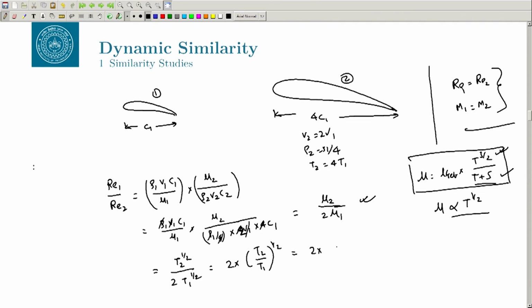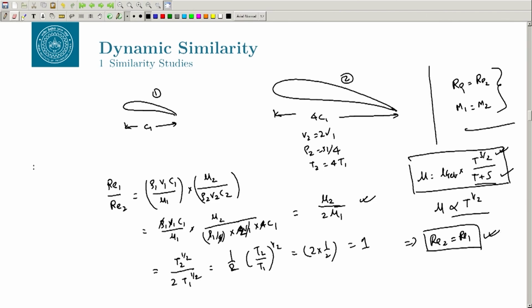So, 2 into 1 by 2, which is equal to 1, that means your RE2 equals RE1. So, in terms of the comparison of Reynolds numbers, both are similar.